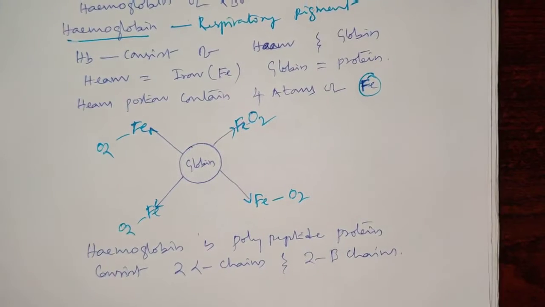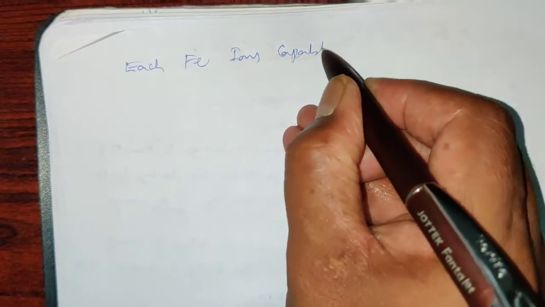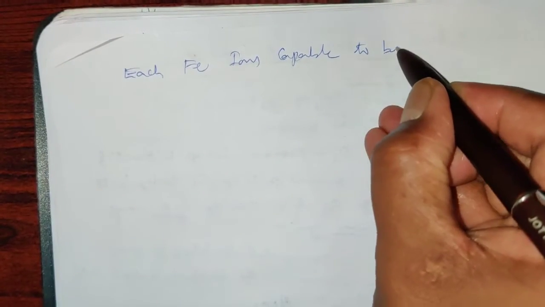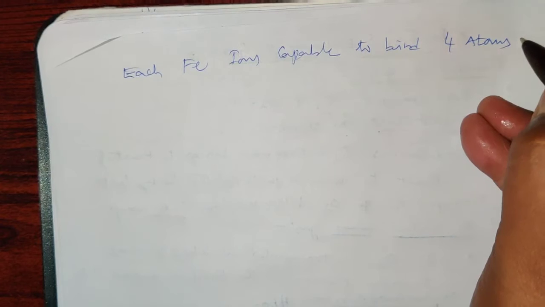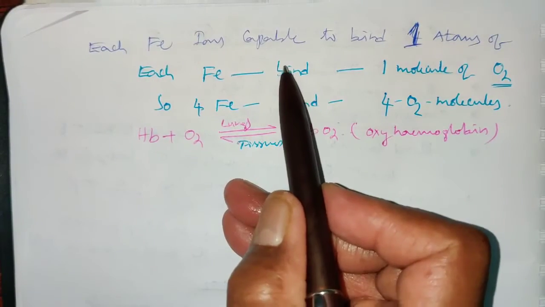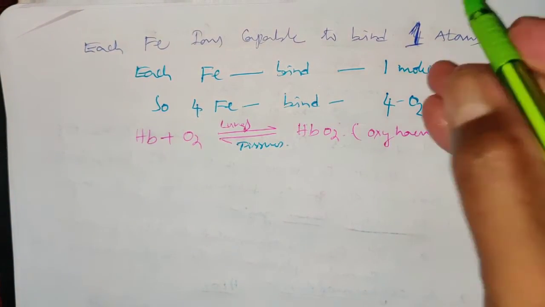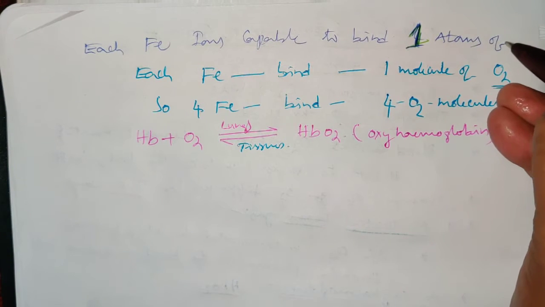In hemoglobin, each iron ion is capable of binding 1 molecule of oxygen.